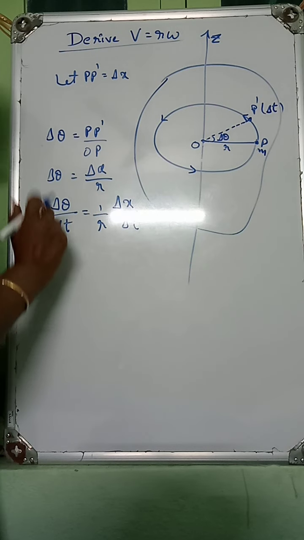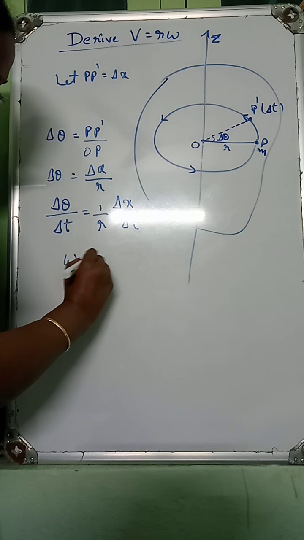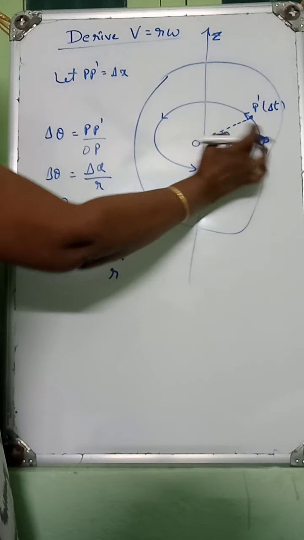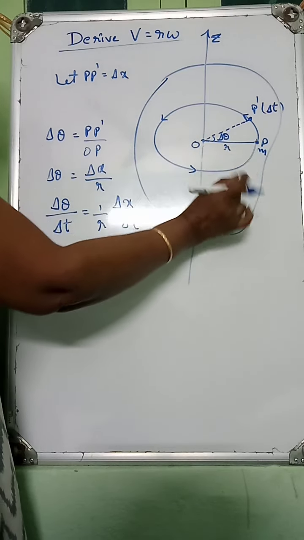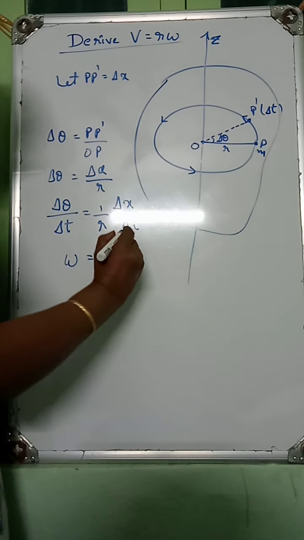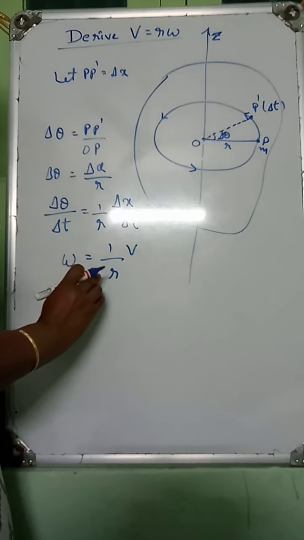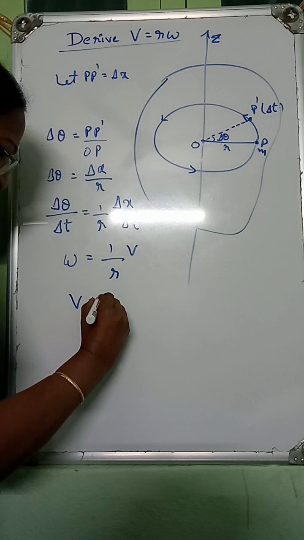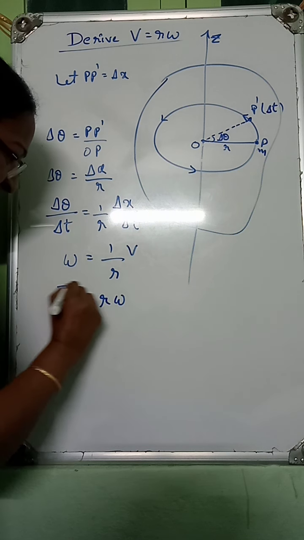Delta theta by delta t can be written as omega. r is constant, there is no change in the radius. Delta x by delta t is v. Cross multiply these two, you can write v equal to r times omega.